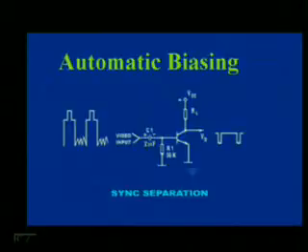If you see here again, the biasing has been given to the collector, but there is no biasing for the base, and the base is automatically biased by sink pulses.